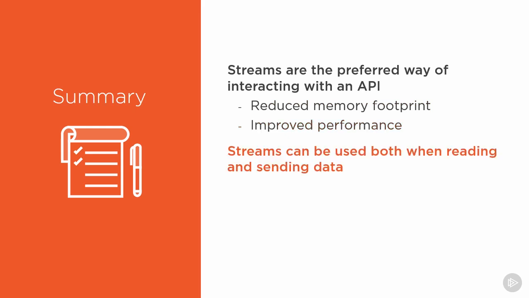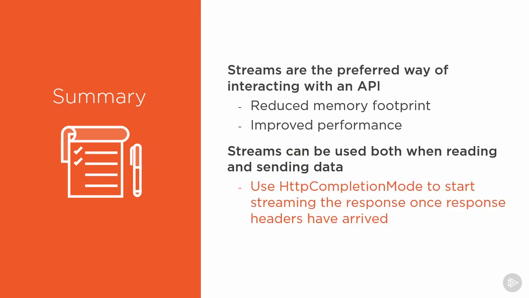When receiving a response, we can stream that from the response's HTTP content into an object, thus bypassing the requirement for an in-memory string copy of that content. To ensure that we can start streaming as fast as possible, we should set the HTTP completion mode to response headers read. This allows us to start reading into the stream once response headers have arrived.